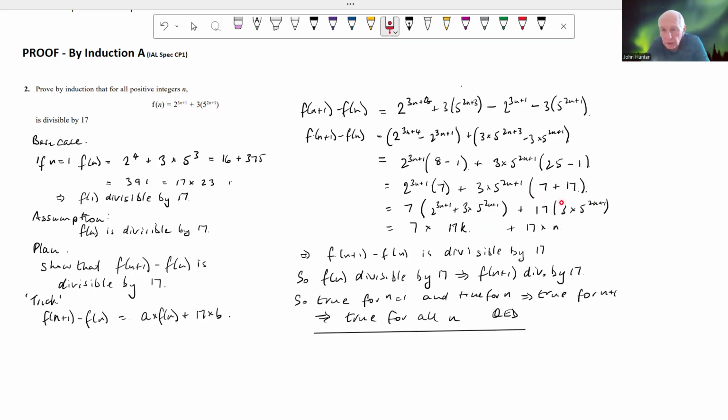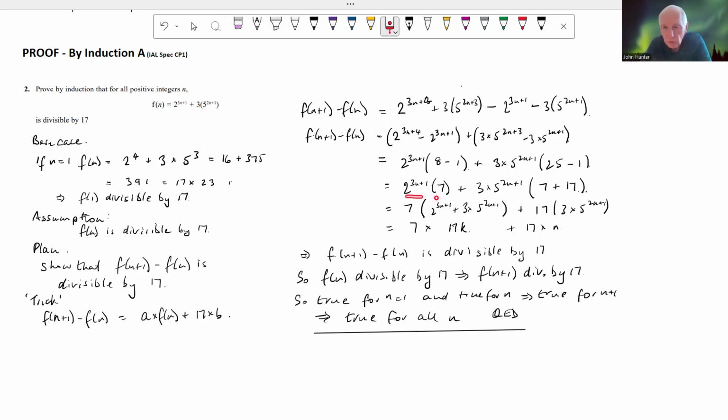At this point, that's the crucial thing, actually spotting that 24 is equal to 7 plus 17 doesn't sound earth-shatteringly difficult, does it? But it is the trick that unlocks this whole thing.